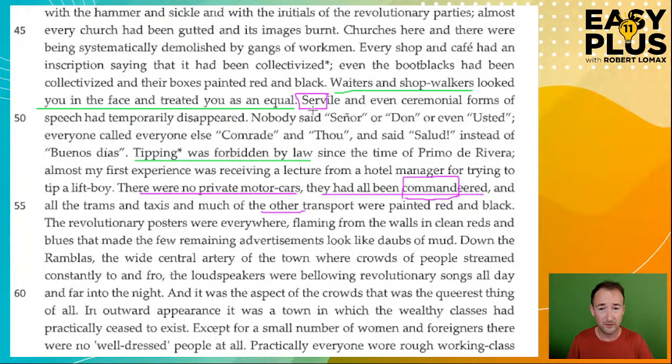So this is about people not talking in ways that, as we were saying earlier, put them at a lower social status than other people. So rather than calling people sir, for example, senor, the example in the next line, people were just calling people things like comrade and thou. So equal level terms of address. So it's a bit like if you said to your teacher, hey there, or something, whatever you say that's informal to your friends, rather than calling them sir or Mr. Whiffle or whatever their name might be.